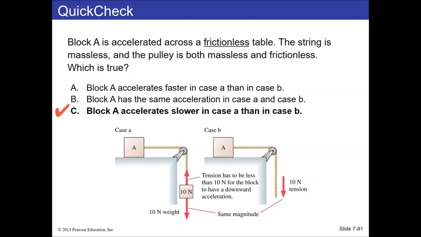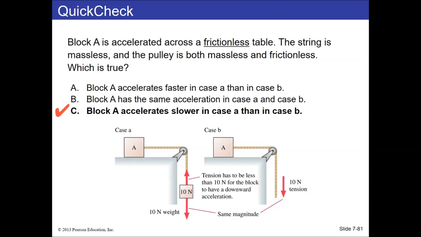So actually, this is kind of combining a couple of questions we had before. The way you can sum this up in the most succinct way is to simply say, well, case B has less mass. So the same force would be producing a higher acceleration, right?